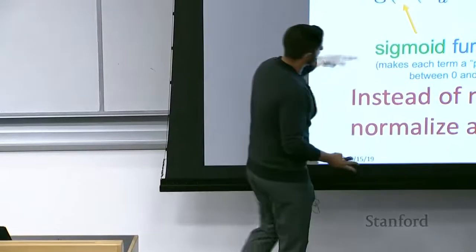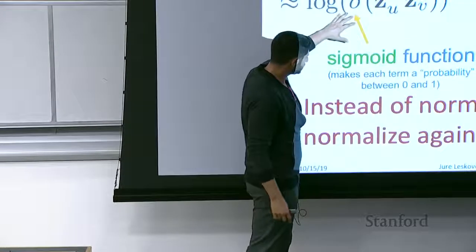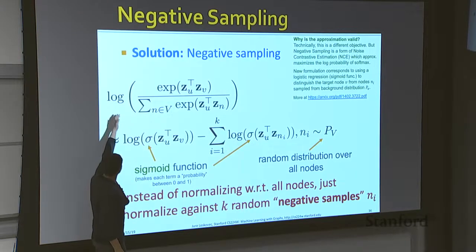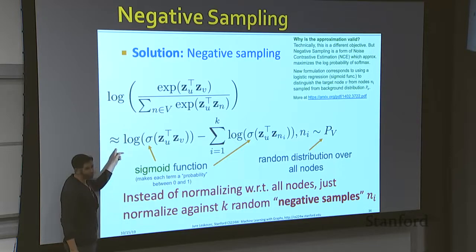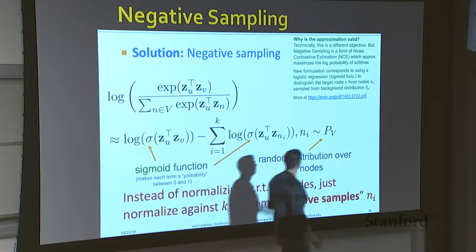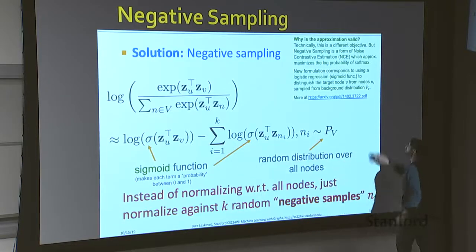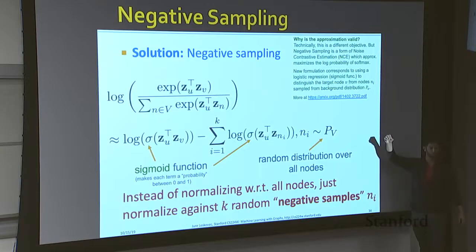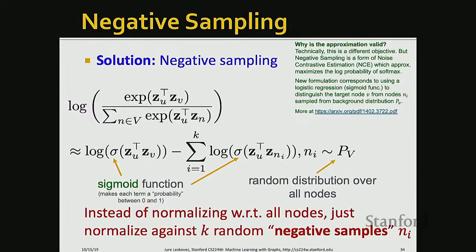It's basically making sure that each term is going to have a range between 0 and 1, so it's going to be looking like a probability. Now, all the steps to go from here to here are slightly intricate, so what I've done for you is I put a reference to a paper, and this paper actually explains how exactly the negative sampling in Word2Vec is done, and you will see that it applies straightforwardly also to this case, okay?